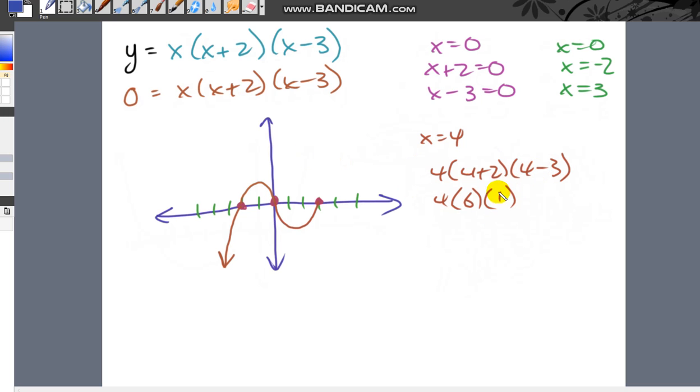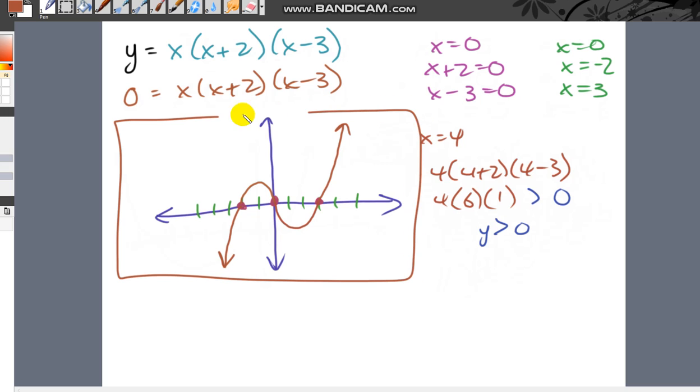Like I mentioned earlier, it doesn't matter what the y value is, as long as you see that this value is going to be greater than 0. When x is equal to 4, y is above the x-axis. So it's going to finish off and look something like this. This is generally what our graph would look like if you are given something like that.